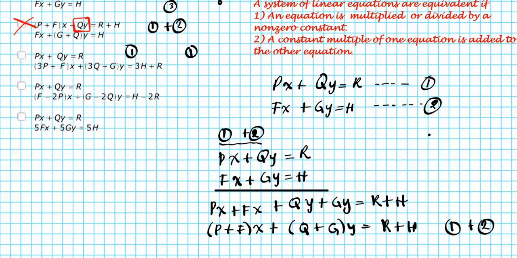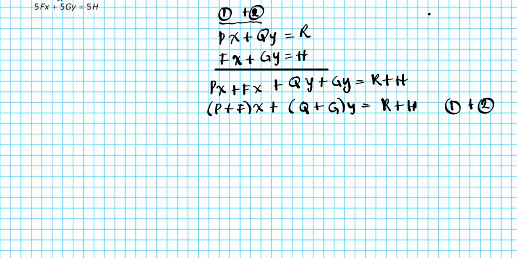We are not sure if this is actually what's happening here. When we apply this linear combination to this system, if we don't get this exactly, then we'll just toss it out. If we get it exactly, then this is also an equivalent system. So let's go ahead and do it.